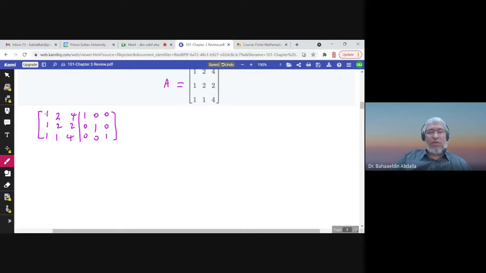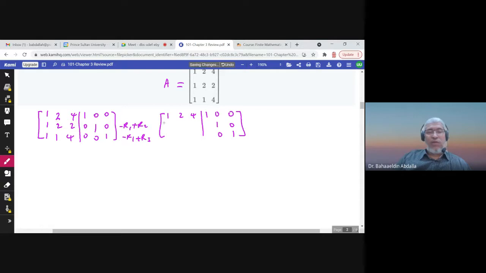This number is 1 in the first row, first column, so I use it to make this number and the number below zeros. So negative R1 plus R2 and negative R1 plus R3. The first row is not changing. And these are zeros, so these numbers also are not changing.